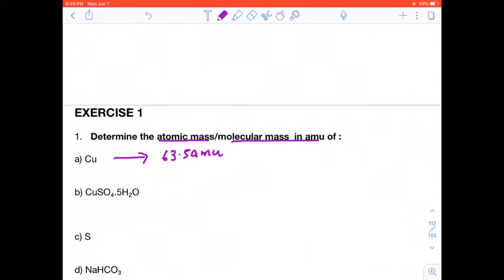If I obviously wanted this in grams, then I must multiply by 1.66 times 10 to the minus 24 grams. But here we just want it expressed in atomic mass units.